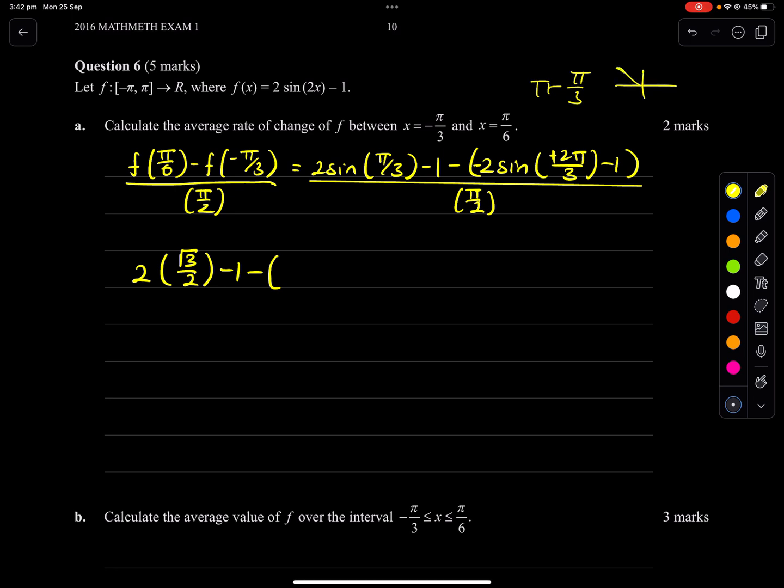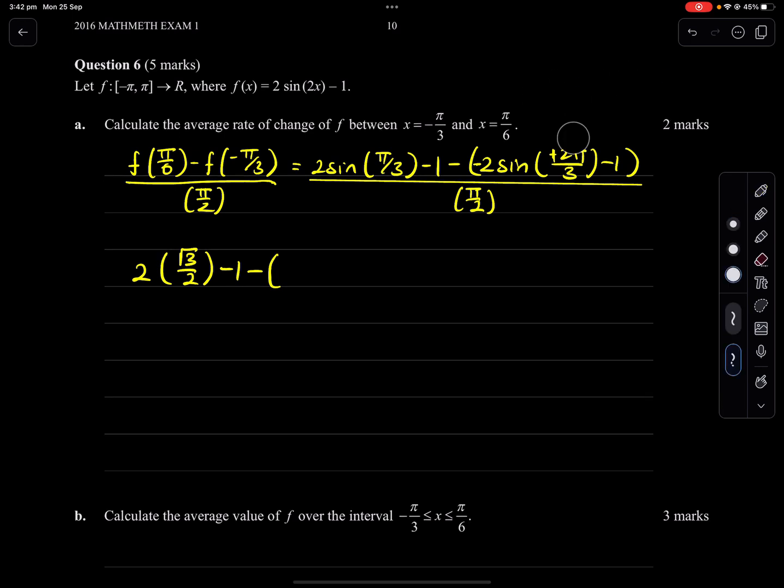So that's pi minus, so it'll be over here, CAST. This whole thing can be simplified to 2 sine pi on 3. So yeah, we can pretty much simplify this to pi on 3. Okay, so what's negative 2 times root 3 on 2?